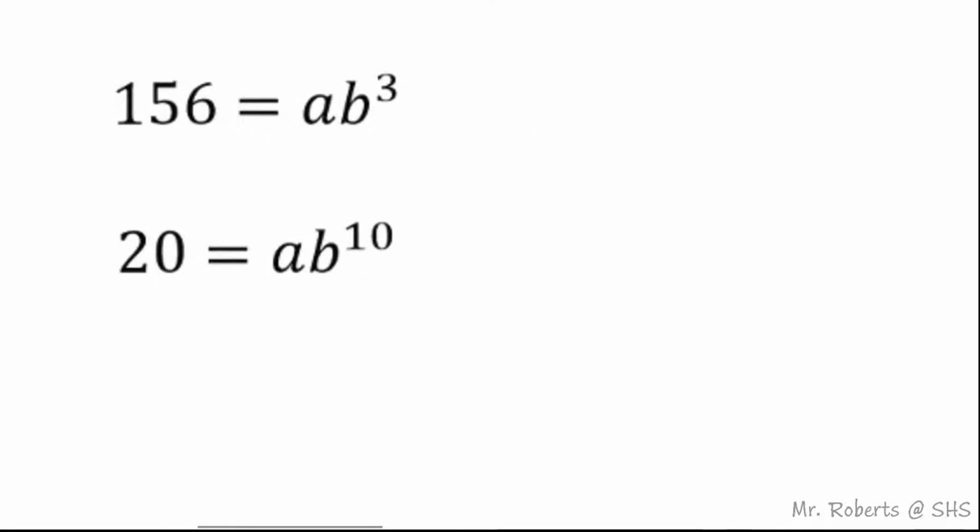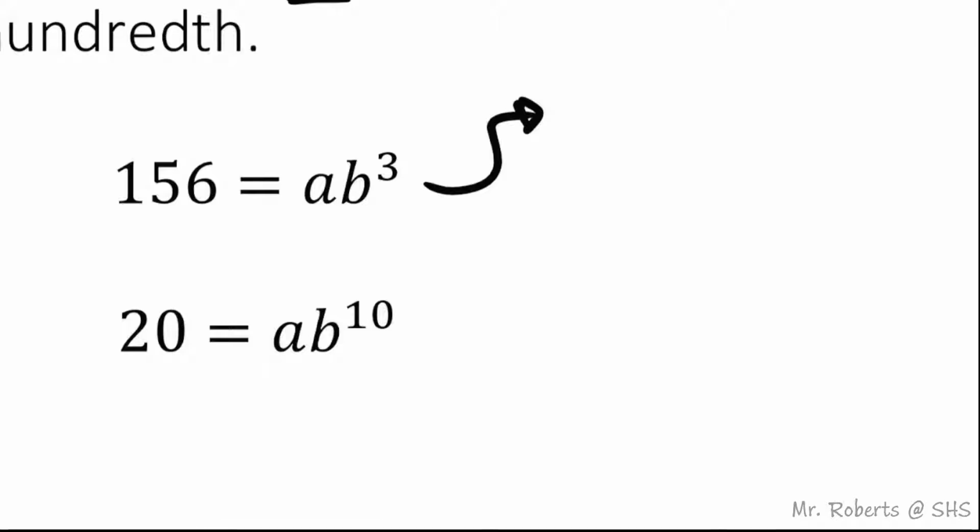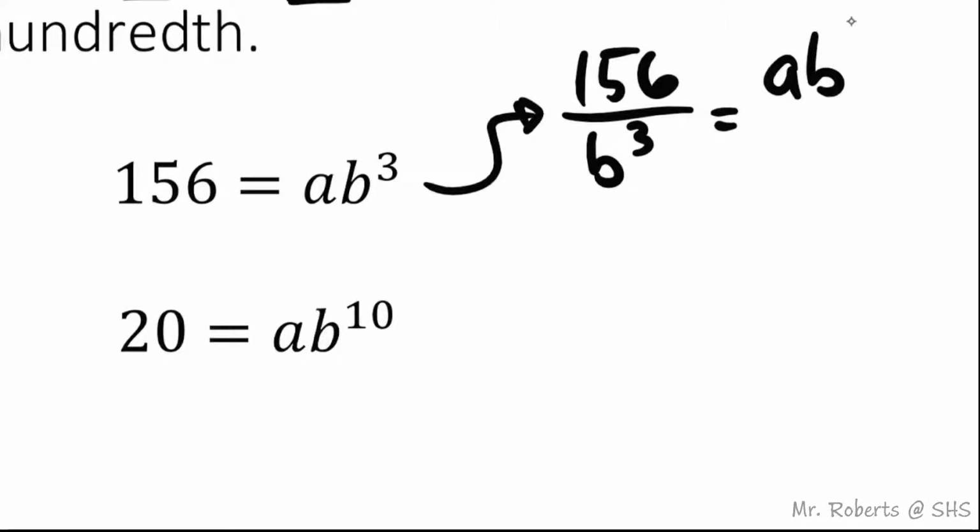So my strategy has been, and oftentimes is, to go ahead and get a alone in one or both of the equations. If I look at this equation, if I divide both sides by b cubed, here I am, 156 getting divided by b cubed. And on the other side, I've got a times b cubed getting divided by b cubed.